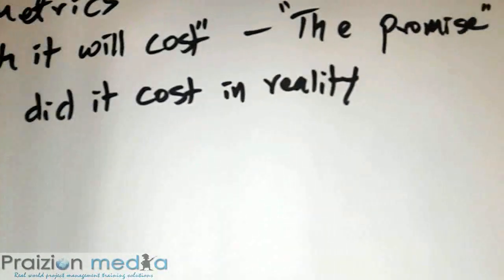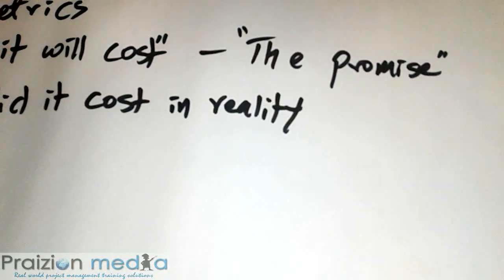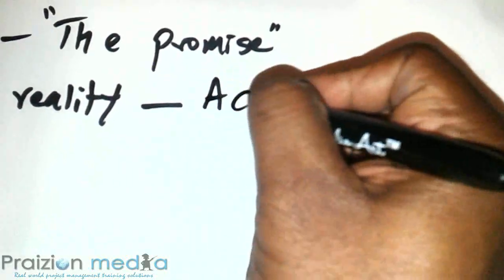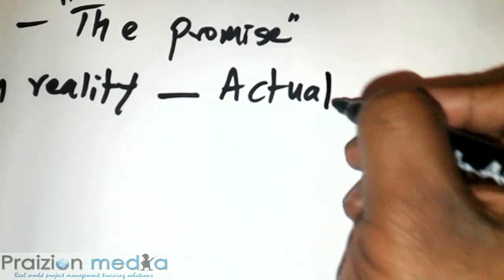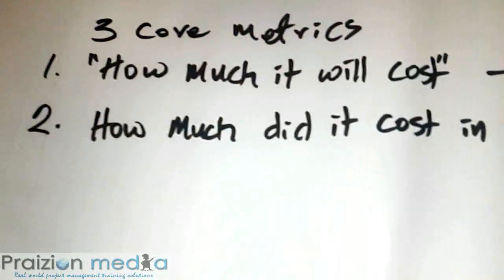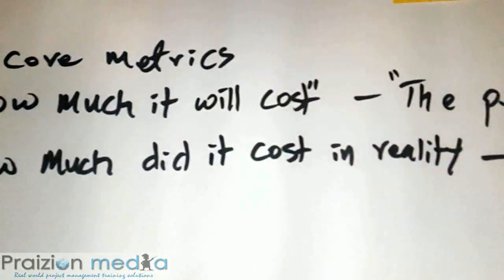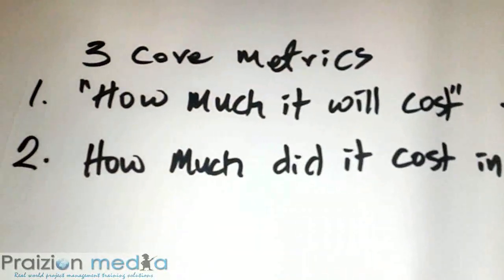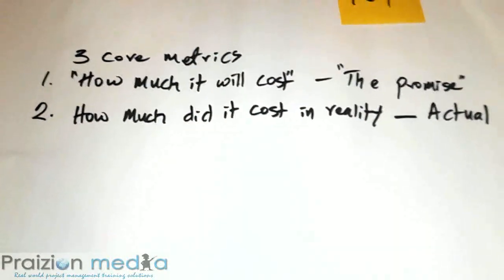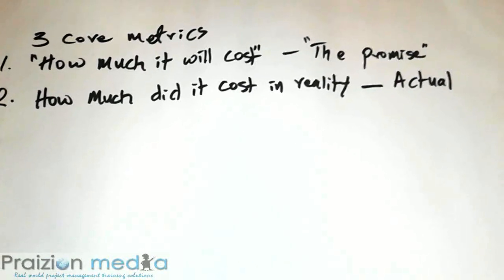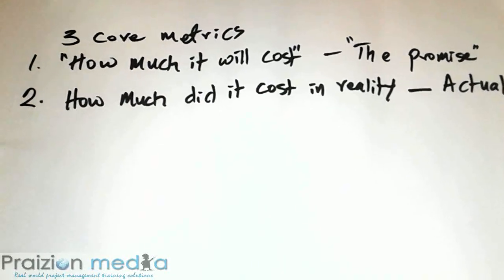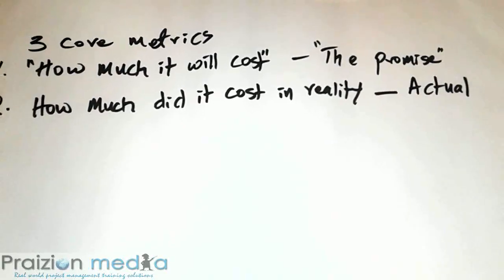I'm going to call that actual, the actual amount of money spent. So think about it: how much it will cost, the promise, is how much you're telling management or your customer it will cost. The next metric, how much did it cost in reality, is the actual amount of money that it cost.